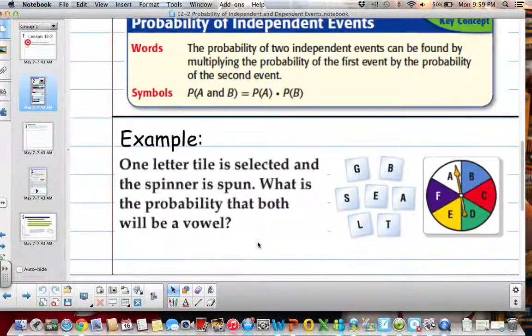So an example of an independent event is if one letter tile is selected and then the spinner is spun, what is the probability that both will be a vowel?